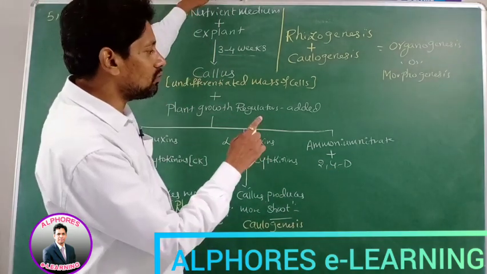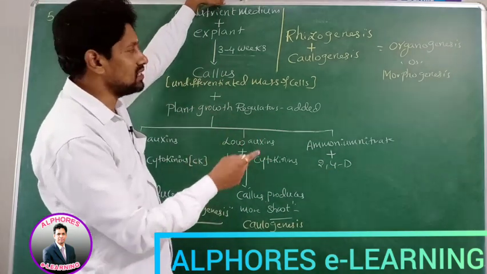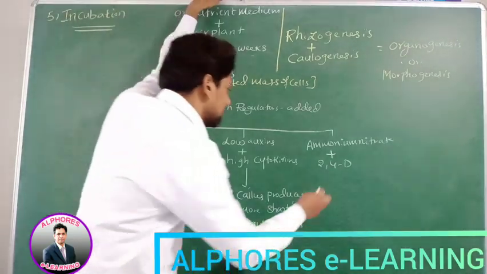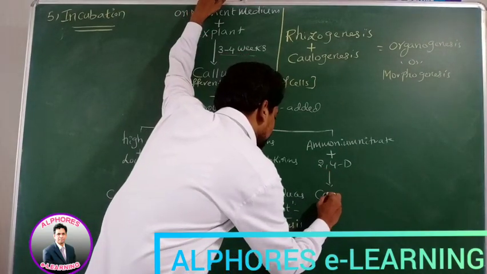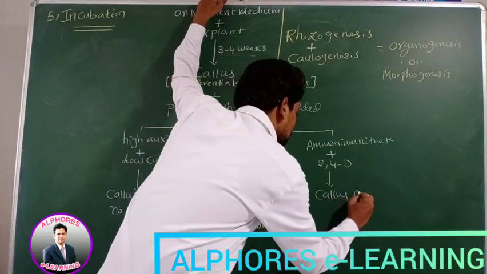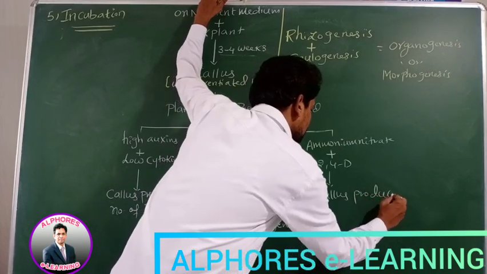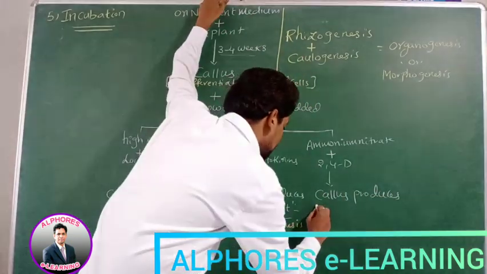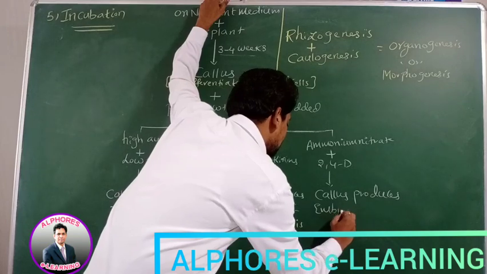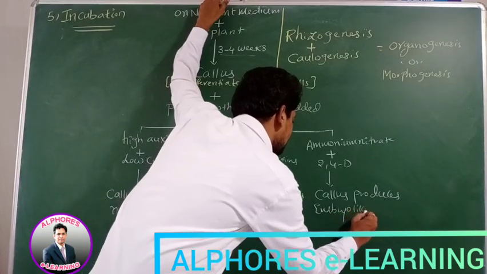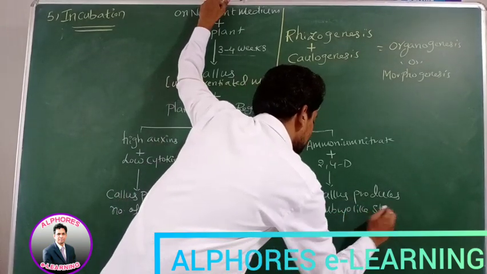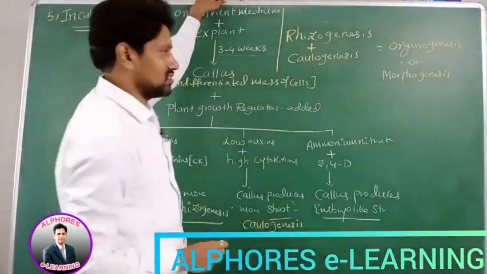If ammonium nitrate and 2,4-D are added to the nutrient medium, then callus produces embryo-like structures. What are these embryo-like structures called?